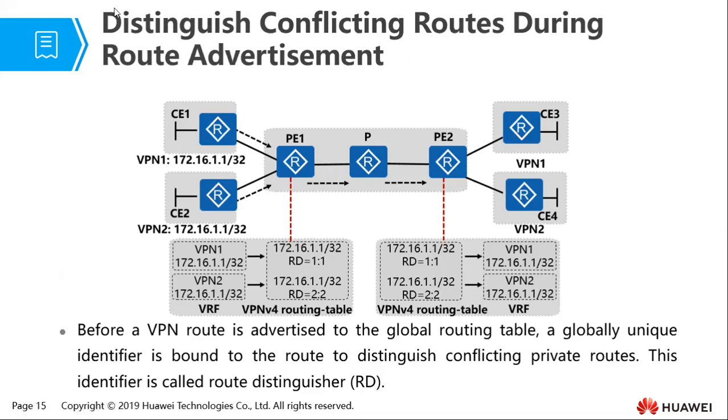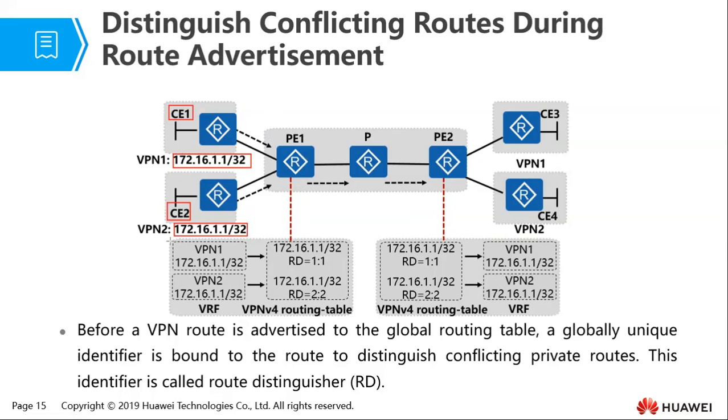Now, distinguishing conflicting routes during route advertisement. Let's look at this example so that we can understand it. As you can see here, CE1 and CE2 are both using the same address space, and both of them are going to advertise these particular addresses to PE1.